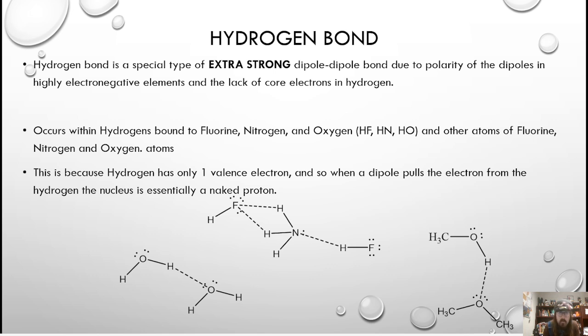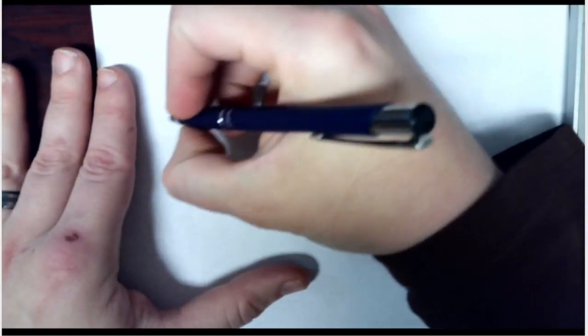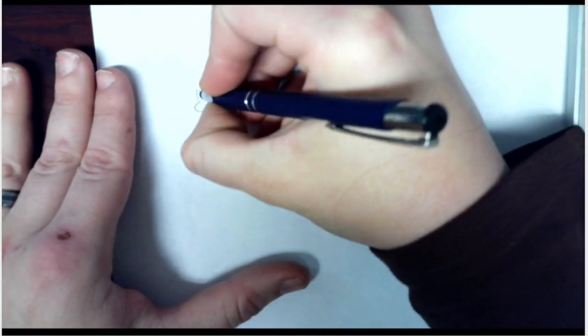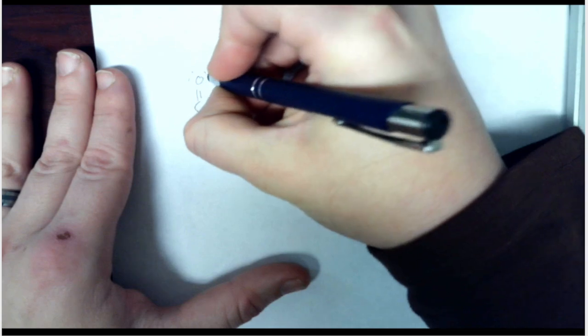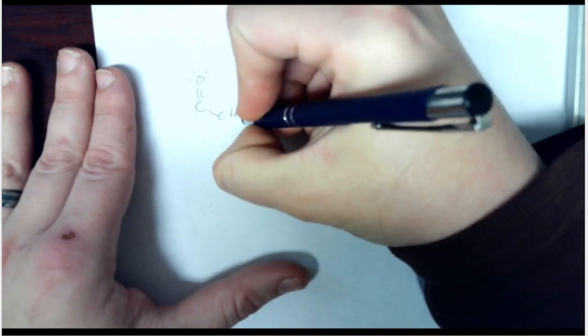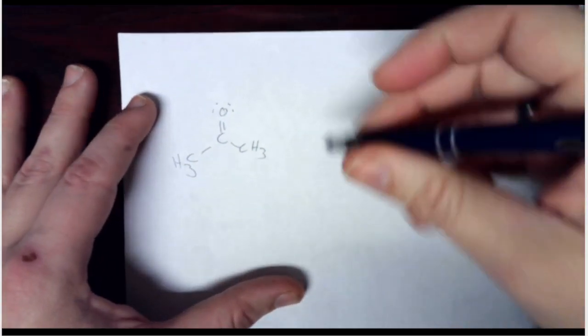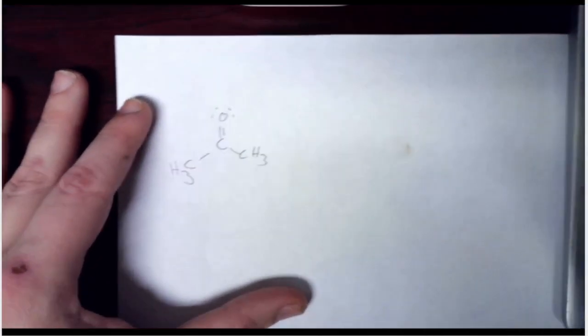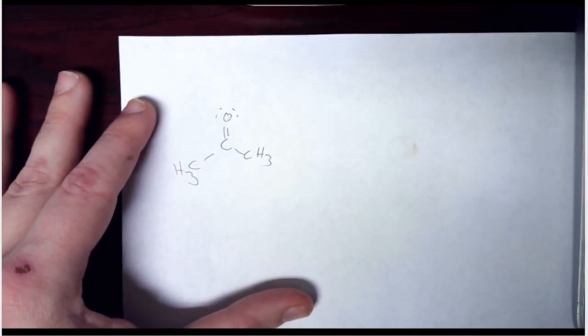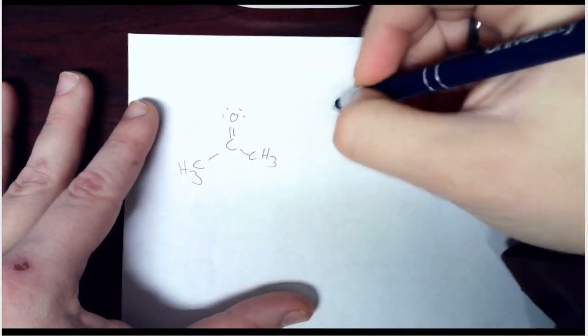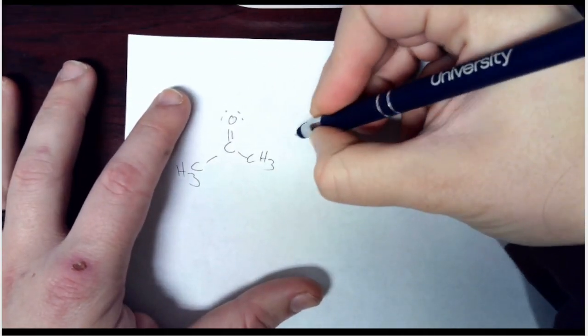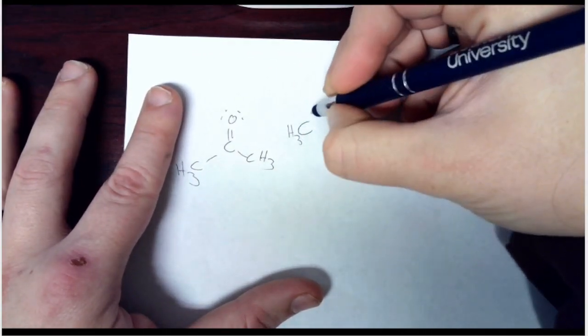So I'm going to draw a quick example. Just looking at this, this is the structure of acetone. Carbon, O, lone pair, CH3, CH3. Okay. So this guy cannot hydrogen bond to other acetones.